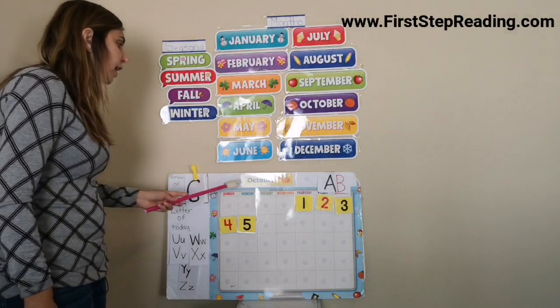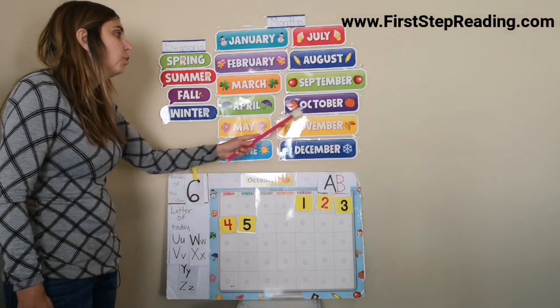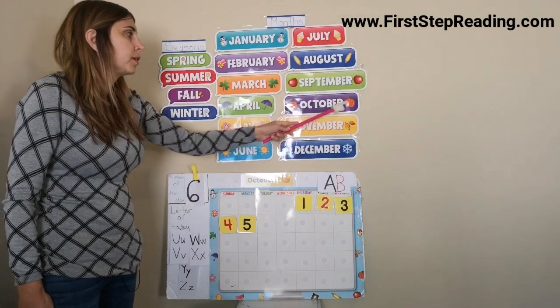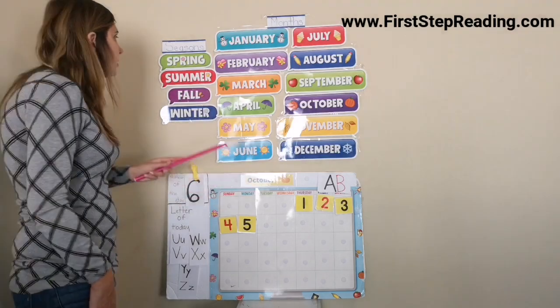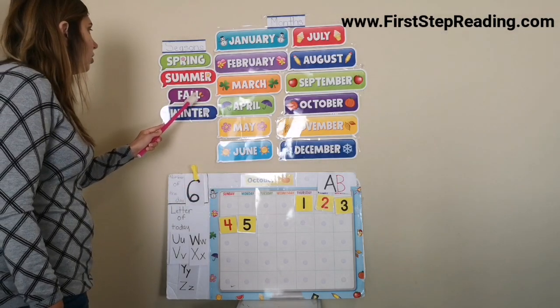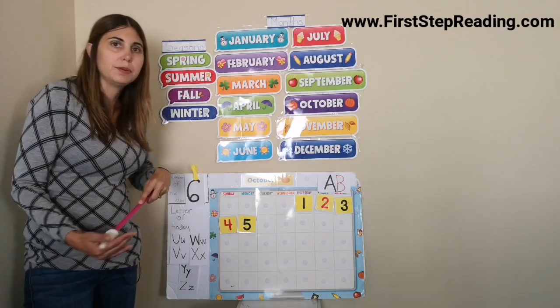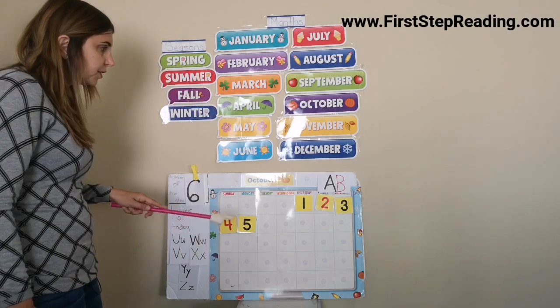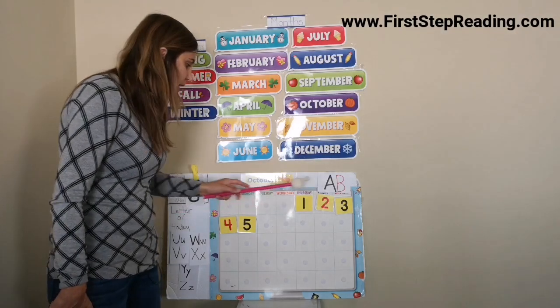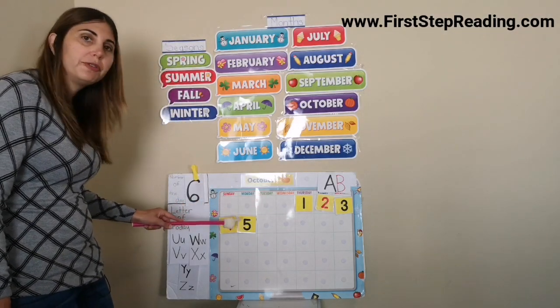We're talking today about October. October is in the season of fall. Remember, that's our new season where the leaves change colors. Let's figure out what day comes after October 5th.